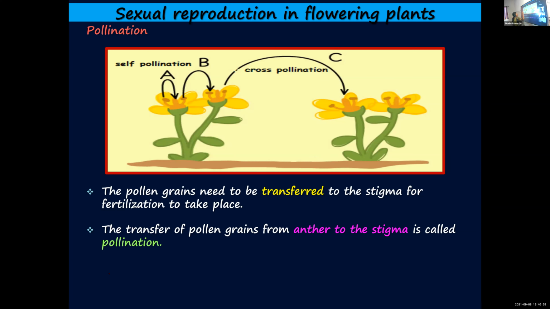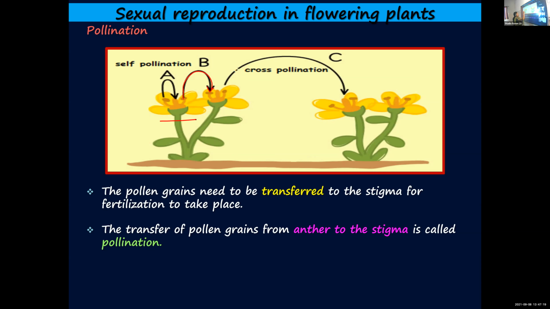In A, from the same flower, pollen grains are falling on the stigma of the same flower. It is limited to the same flower. Whereas in the second figure, letter B, from the anther of one flower to the stigma of another flower.